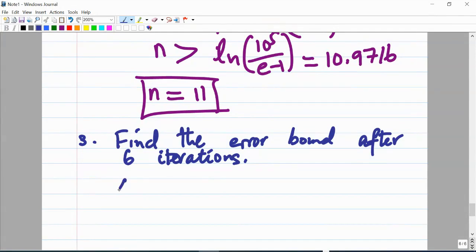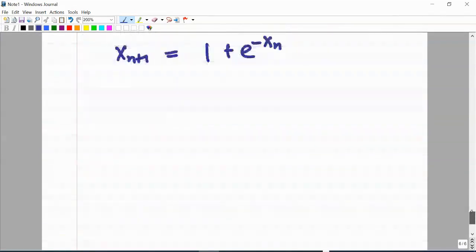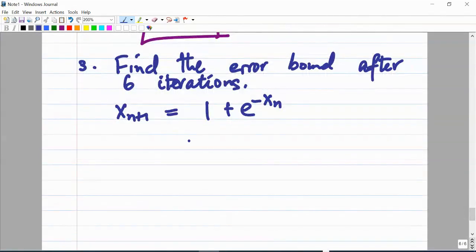So you then say x(n+1) is equal to 1 plus e to the power minus xn. So now we are generating, we have x naught is equal to 1.